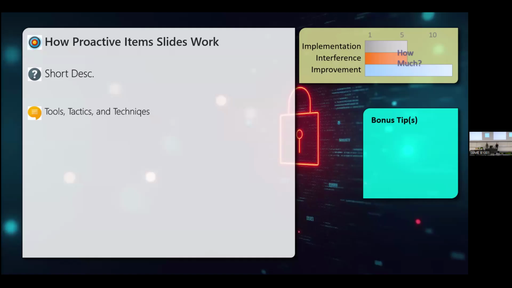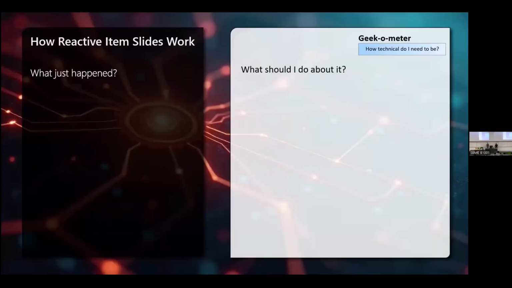And finally, how much of an improvement will it be for you from a security perspective. The other kind of slide is a reactive slide. This is when something's gone wrong, what you do to deal with the fact that something's gone wrong. And there's a geekometer at the top of this: how technical do you need to be to do this thing on your own. Because sometimes you don't necessarily want to try.